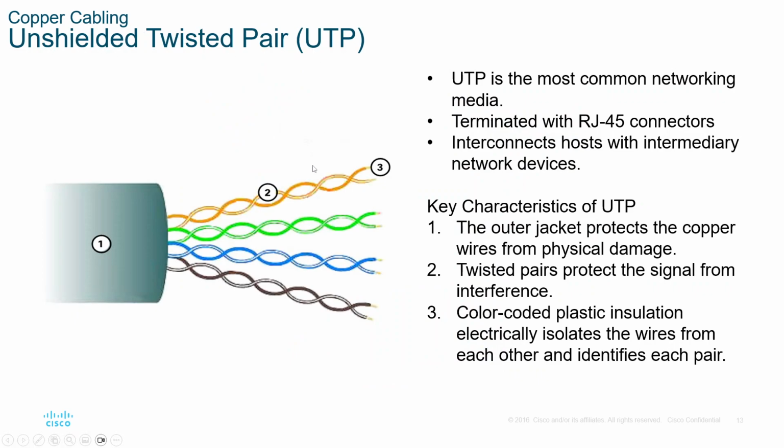Twisted pair cable has 8 wires in one cable that are twisted, so the signals cannot interfere with each other. Okay. Twisted pair cable uses RJ45 connectors. So I believe you have made some cables with Dimitri. This is the cable that you made, twisted pair that uses RJ45.